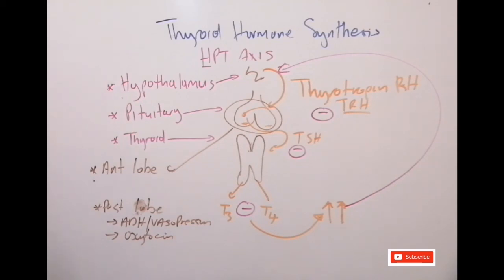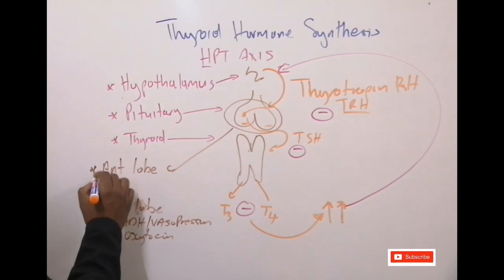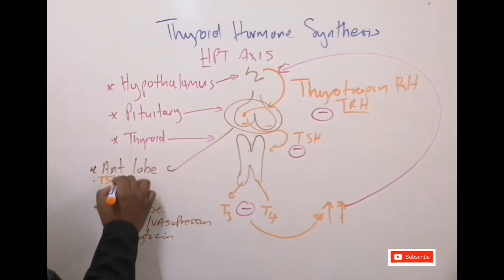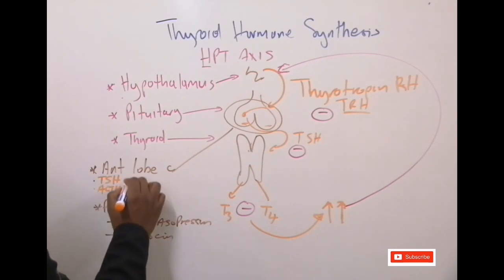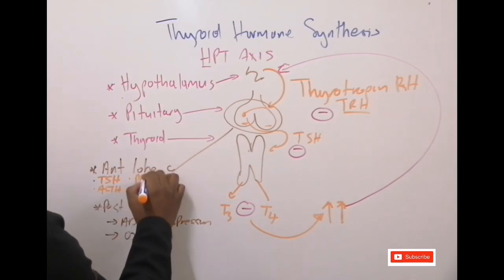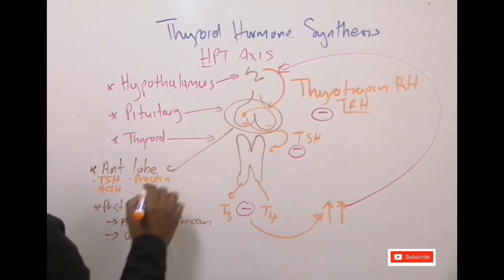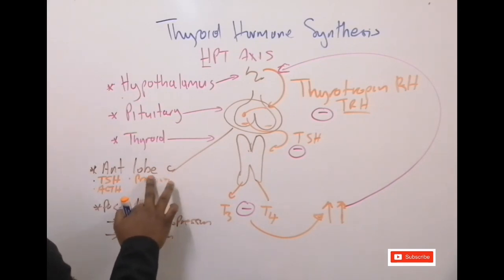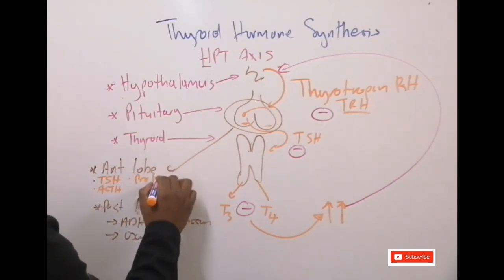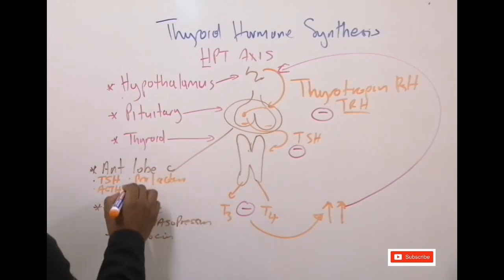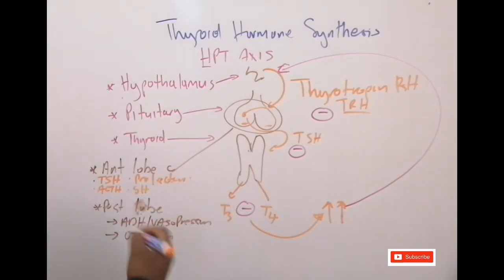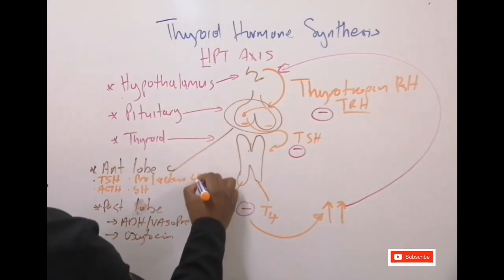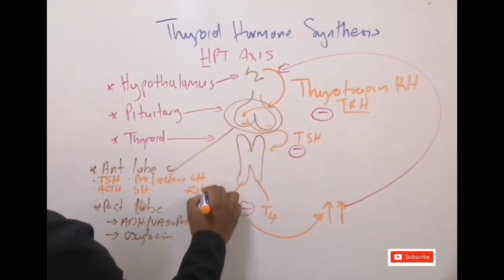So the anterior pituitary secretes about 6 hormones. The first hormone we've spoken about is TSH. The second one is ACTH. Another one is prolactin. Another one is growth hormone. We also have the 2 gonadotropins, which are LH and FSH.